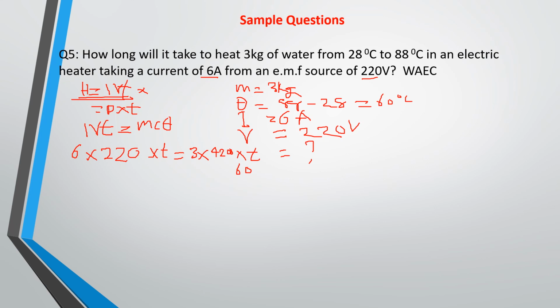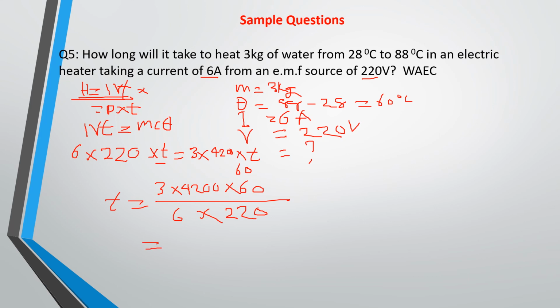If you make T the subject of this formula, we are going to have 3 times 4200 times 60 all over 6 times 220.